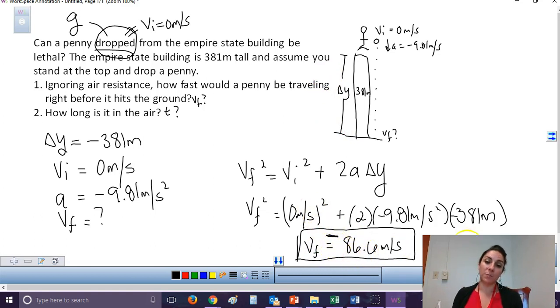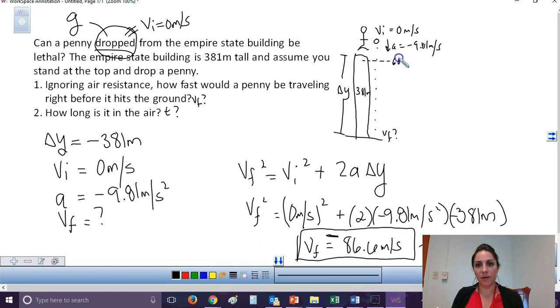So that's pretty fast. This is about 130 miles per hour. Actually, I think it's more than that. I think it's 180. But anyway, point being, it's very fast, right? So if there was no air resistance, this penny actually would be lethal because of the speed. It's very dangerous. But just kind of a side note on this, it actually reaches terminal velocity about right here.